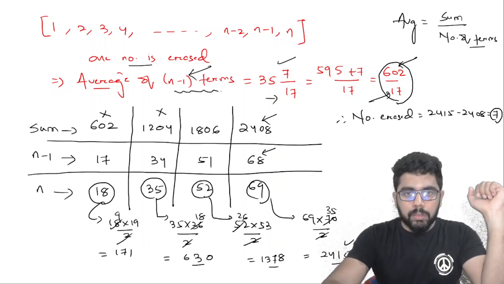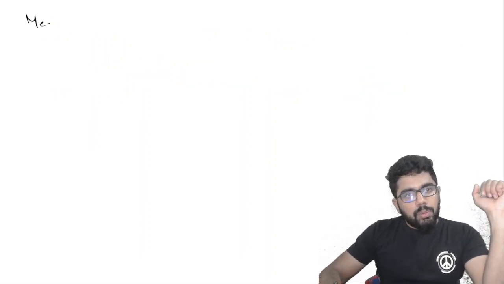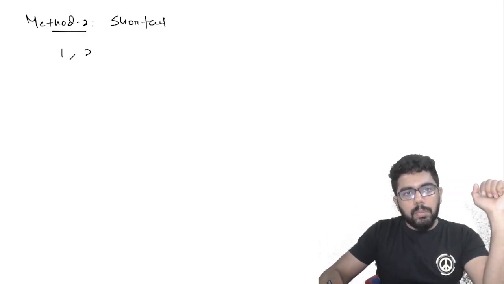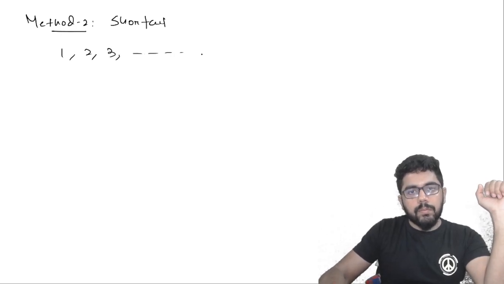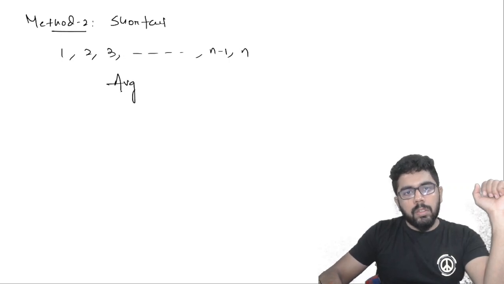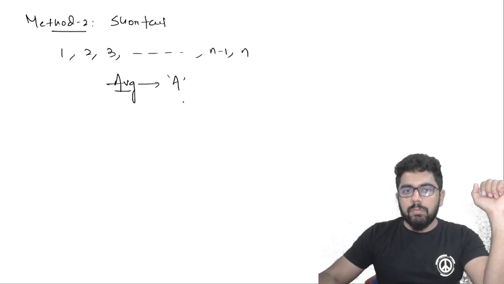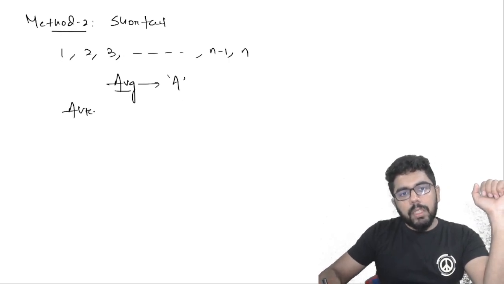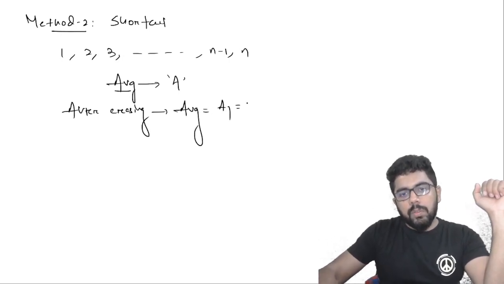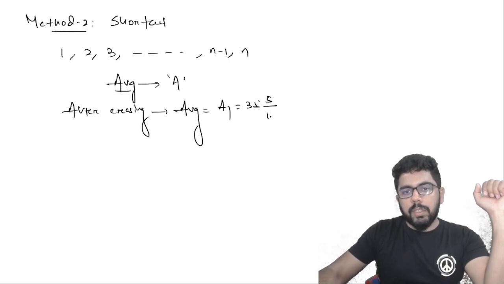That's the second method. So method 2 is actually the shortcut. If I've written numbers from 1 till n, let us say the average is supposed to be A, and after erasing, the average, let us say, is A1, which is given as 35 whole 5 by 17.